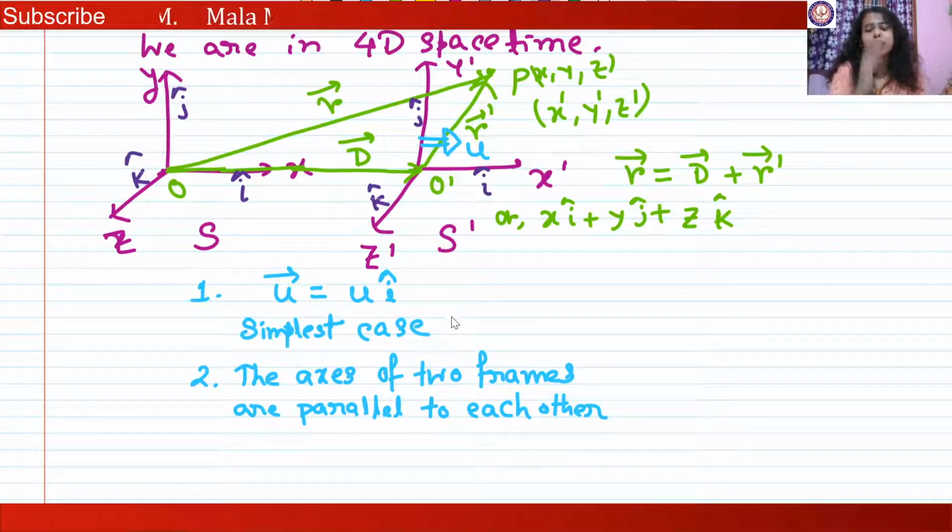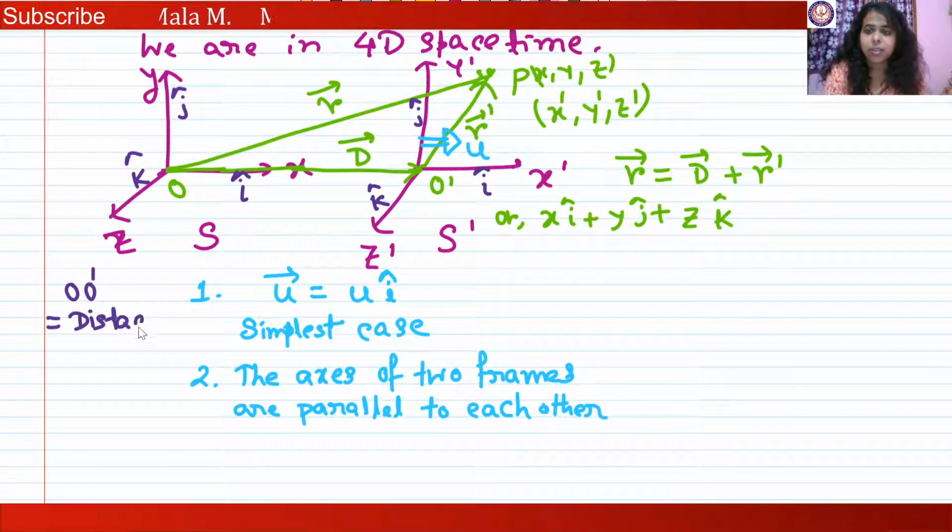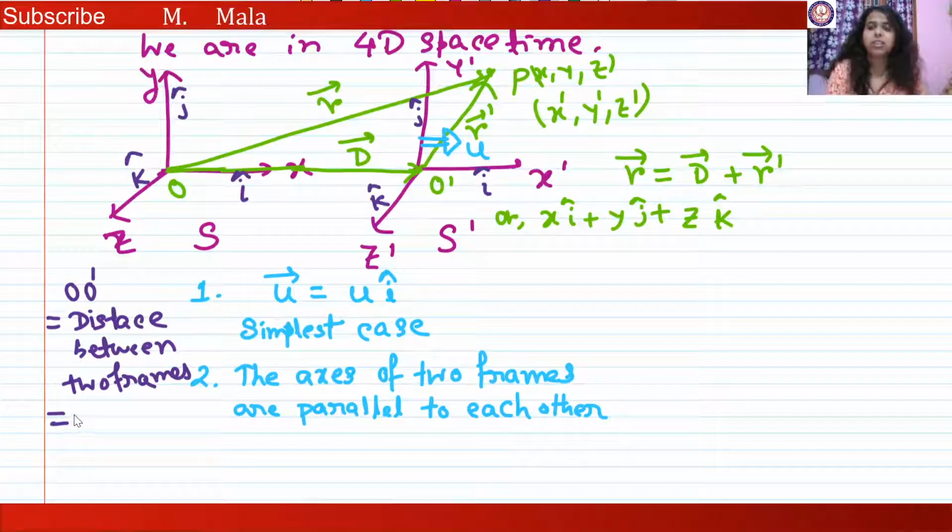We are measuring with the same scales in two frames. So you can simply say that OO prime is equal to the distance between the two frames. So what will be the distance?